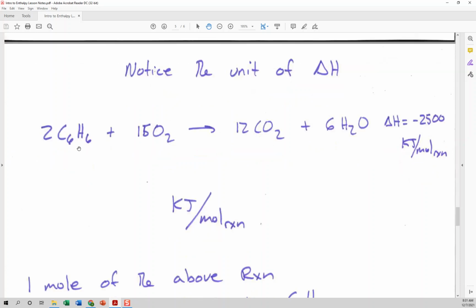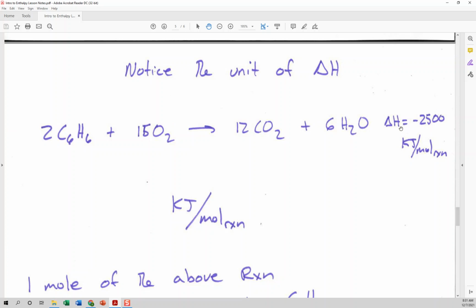So the way to interpret it, 1 mole of this reaction consumes 2 moles of benzene, 15 moles of oxygen, 12 moles of CO2, and 6 moles of water, okay? And 1 mole of the reaction produces this much energy.